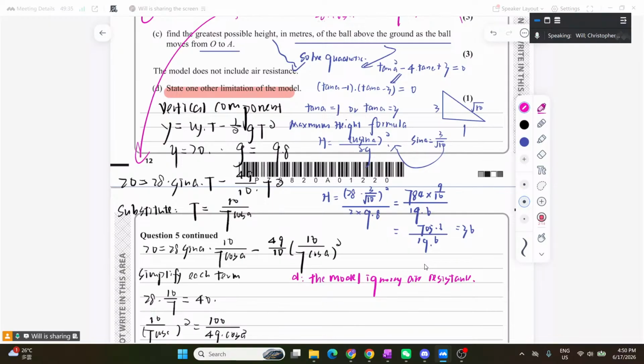Okay. No problem. We know there is no air resistance in the model. In reality, air resistance will slow the ball, and also reduce the height, right? No problem. Understand? Okay.